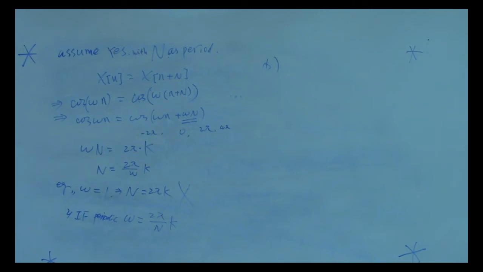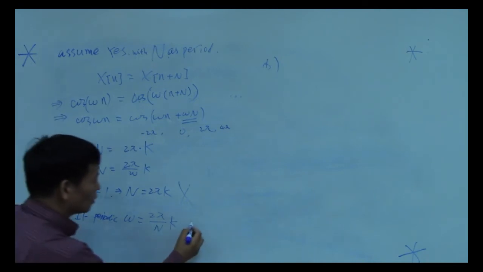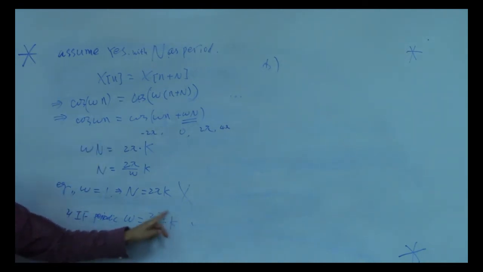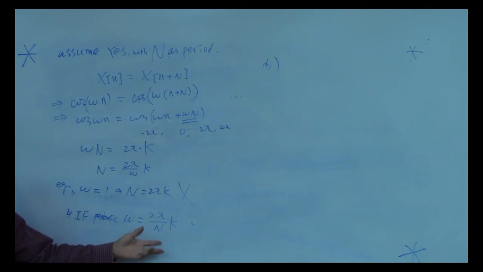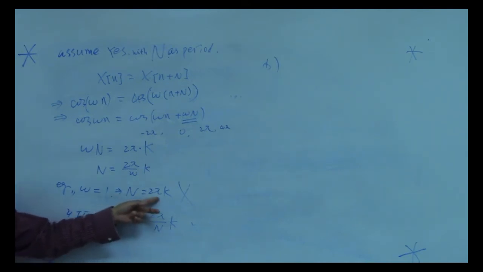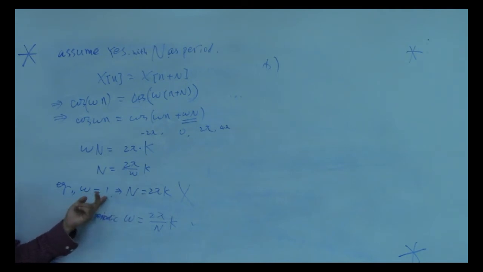Are you happy with this conclusion? No, I don't think we are happy with this conclusion. So theoretically, we proved that sometimes it is, if your omega equals this, where k and N both can be arbitrary integers. And sometimes no. For example, if your omega does not equal this, then it's not periodic.